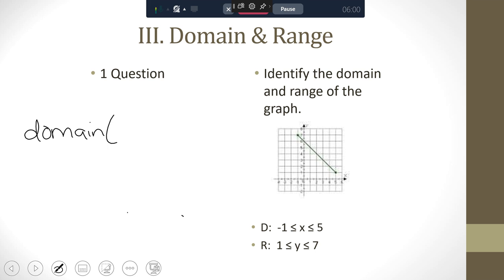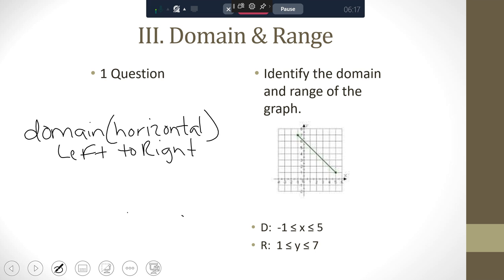So that means from left to right. And then our range, we're looking at it vertically. Which means we're going to be looking from the bottom to the top.